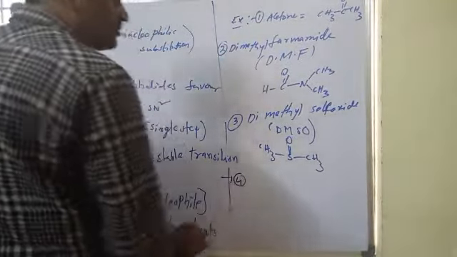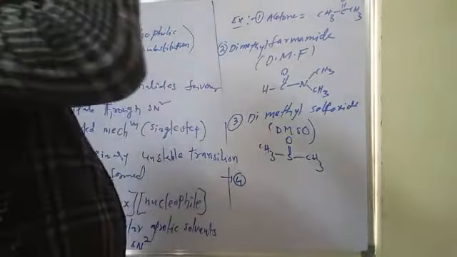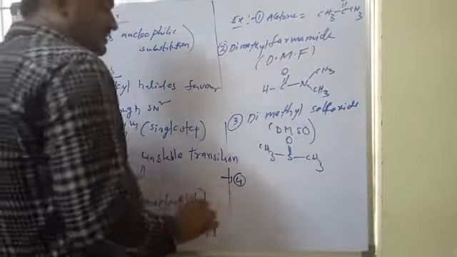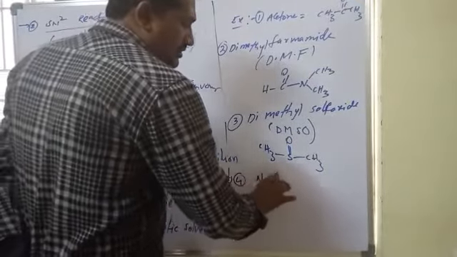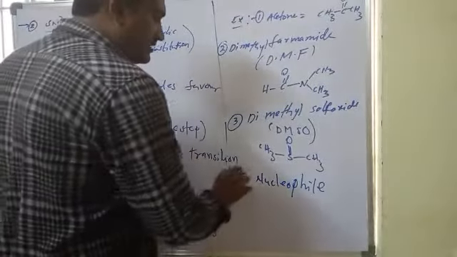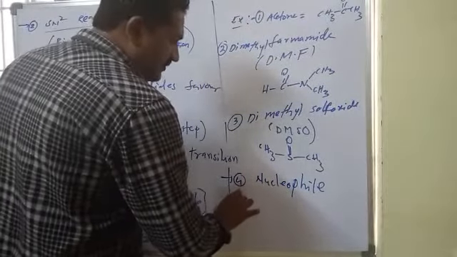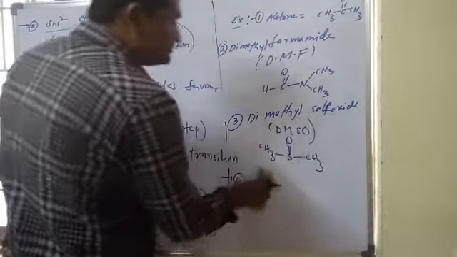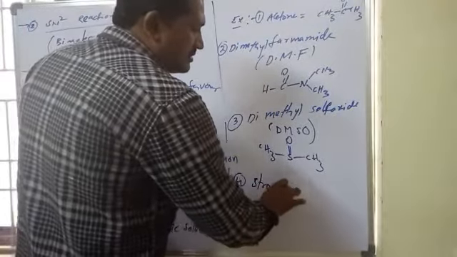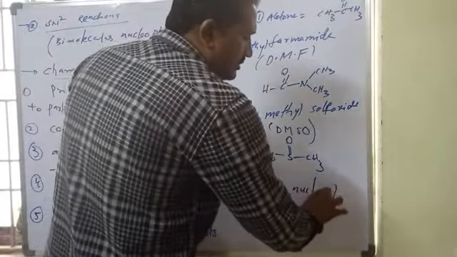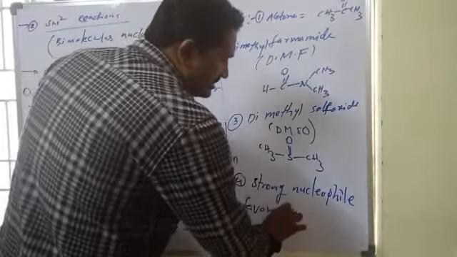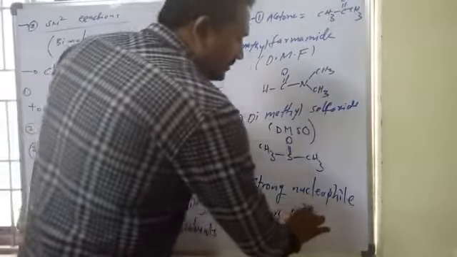And next, number 4, nucleophilicity. A good nucleophile increases reactivity. The nucleophile also affects the rate of the reaction. A strong nucleophile favors the SN2 mechanism.